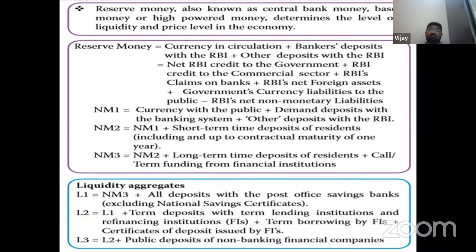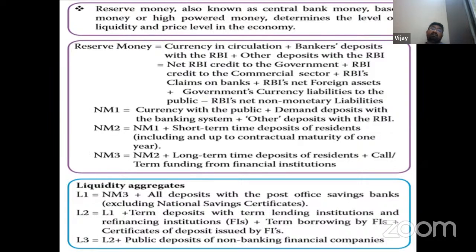So NM1, here again the same thing: currency with the public, demand deposits with the banking system, and other deposits with RBI. Demand deposit means CASA, current account and saving account, which are the immediate obligation of the commercial bank.